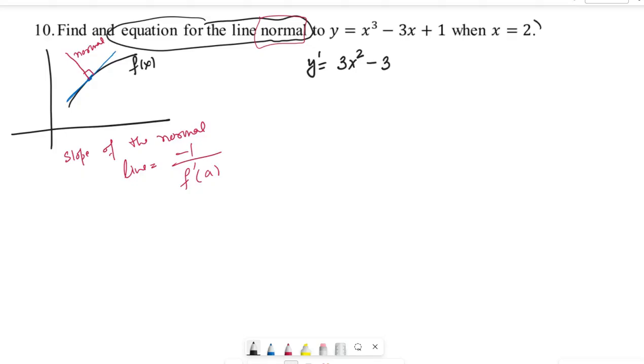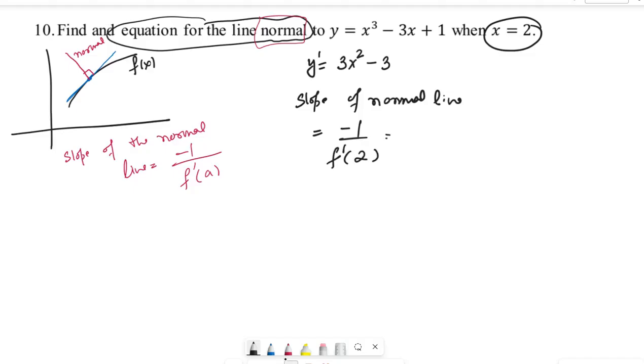So the point given is 2. So the slope of the normal line is equal to negative 1 by f prime at 2. What is this?